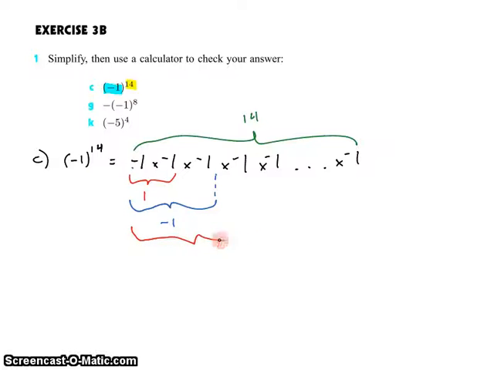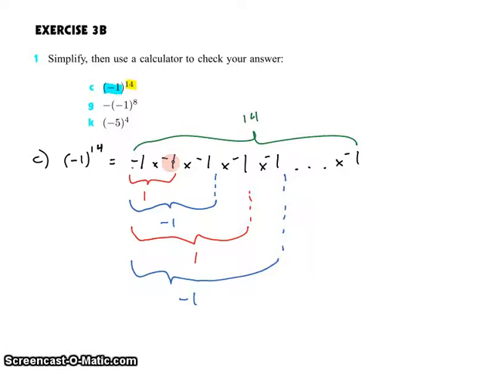Let's take the first 4 now. That's -1 times another -1, which is +1. We'll do one more: +1 times -1 is -1. So we see that as we keep multiplying by -1, the result keeps alternating: positive, negative, positive, negative.